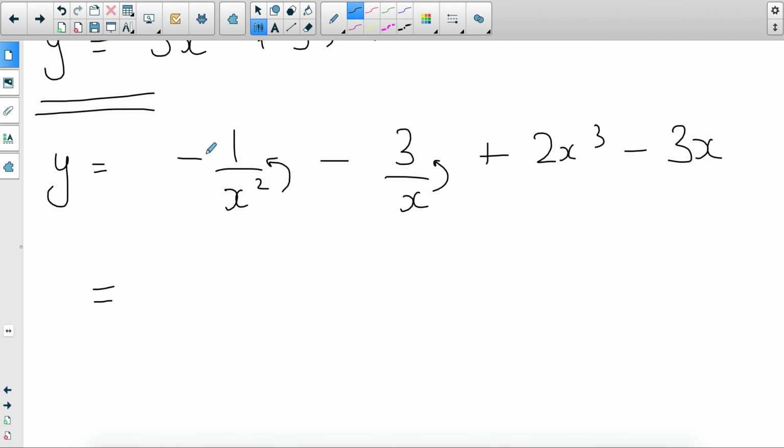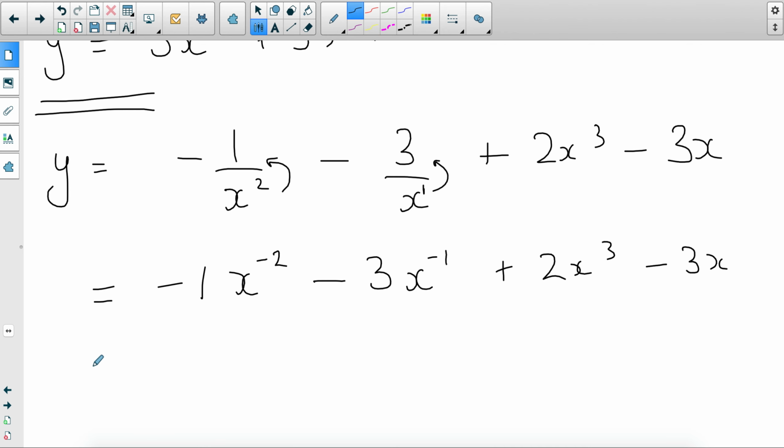So I'm going to keep this as it is, the negative 1. And when I bring this up, it's going to be x to the power of negative 2. And then similarly here, I'm going to keep the negative 3, but when I bring this up, it's going to be x to the power of negative 1, because this has a power of 1. And this stays the same, nothing changes here.